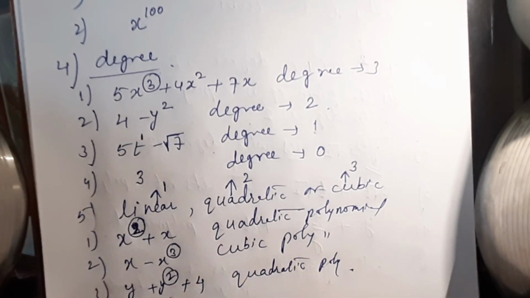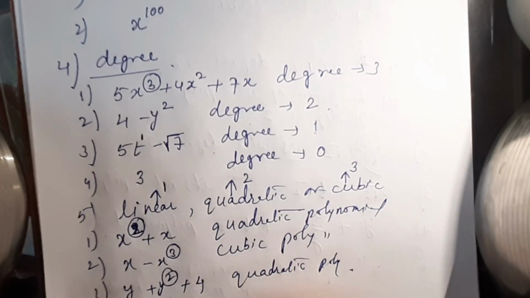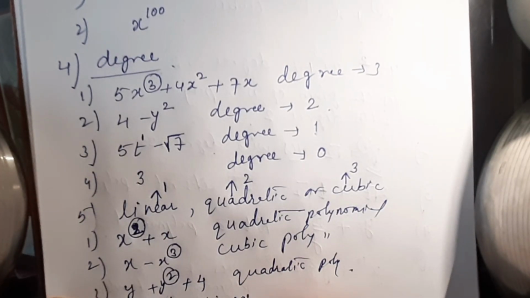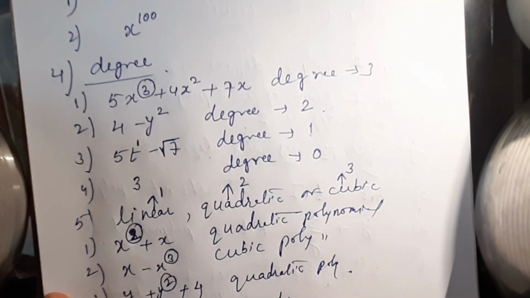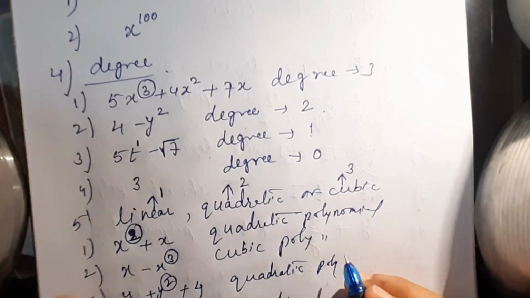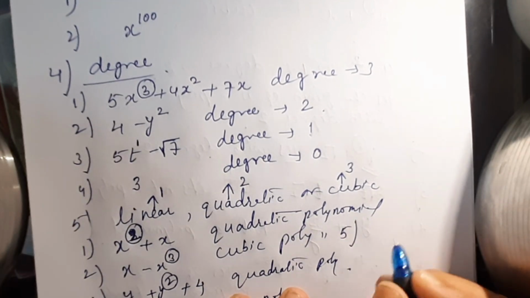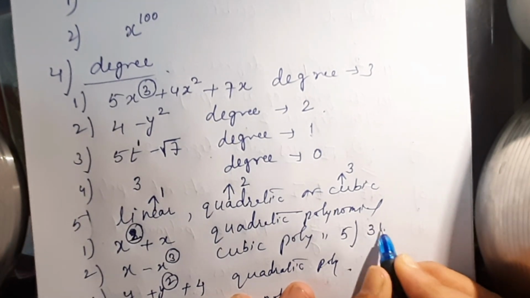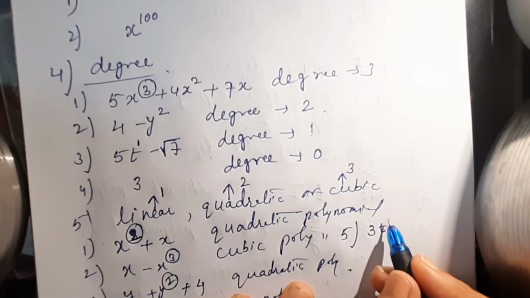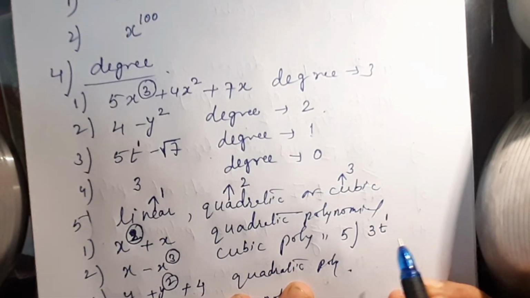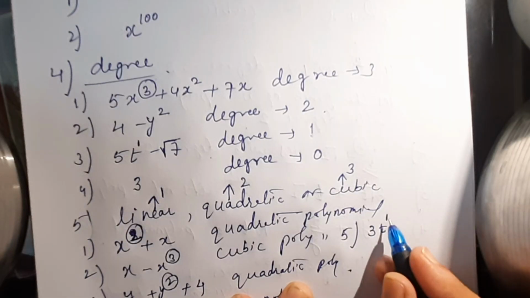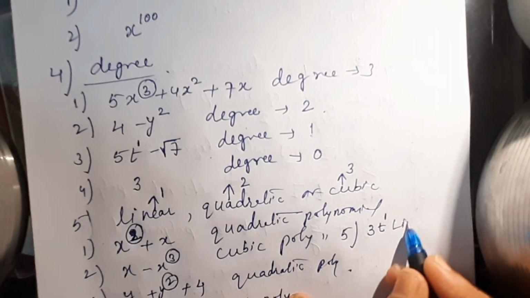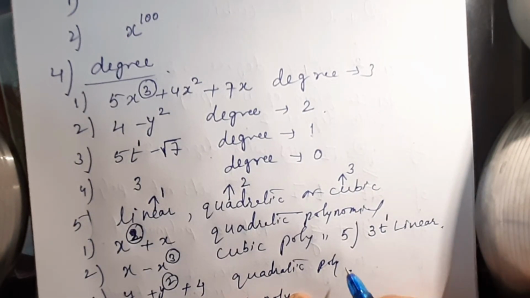No power, so degree is 1. When degree is 1, we call it a linear polynomial. Now in fifth question, it's given 3t. Again there is degree 1. It's a monomial as only a single term is there, and degree is 1, so it's a linear polynomial.